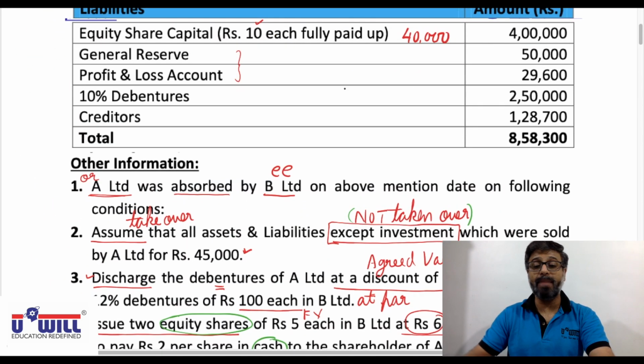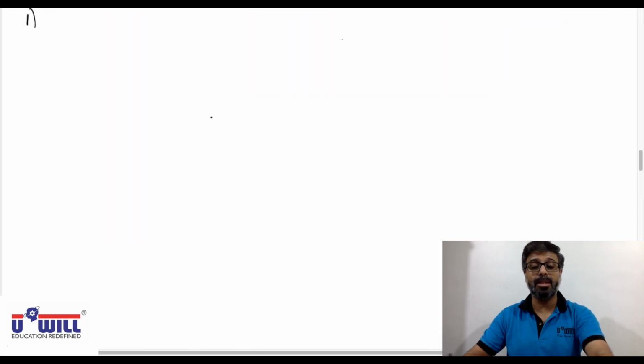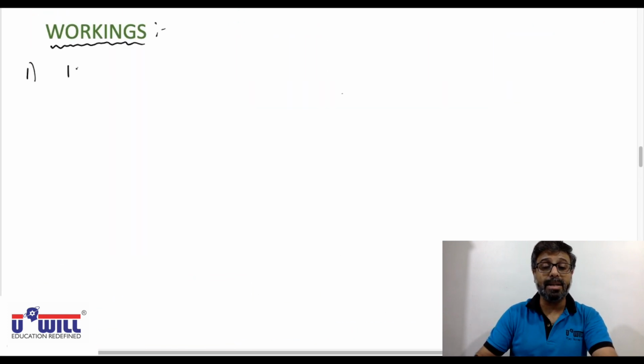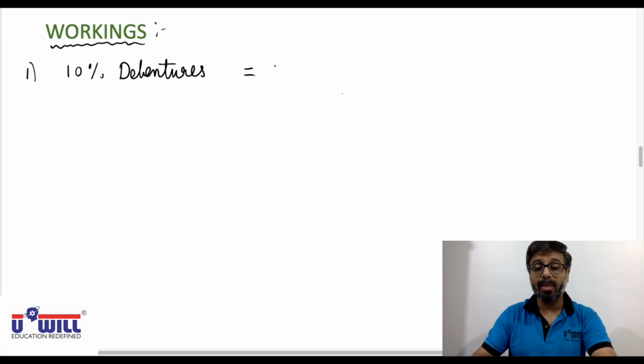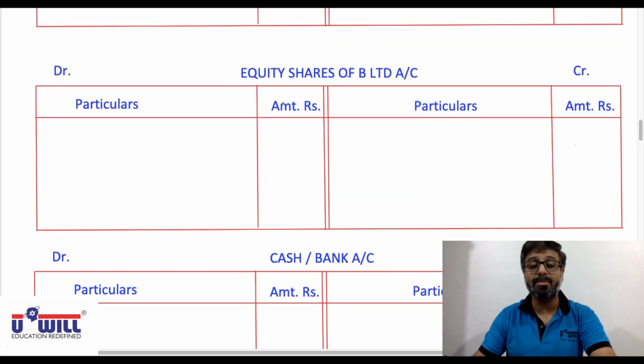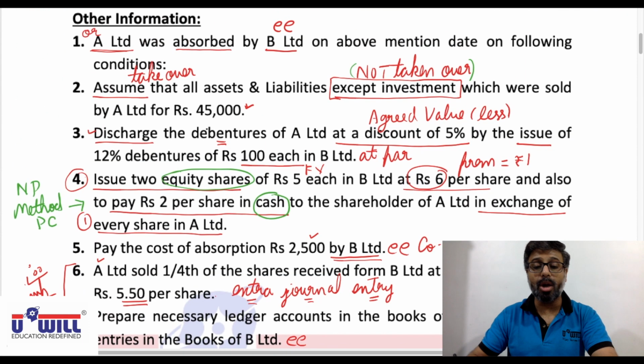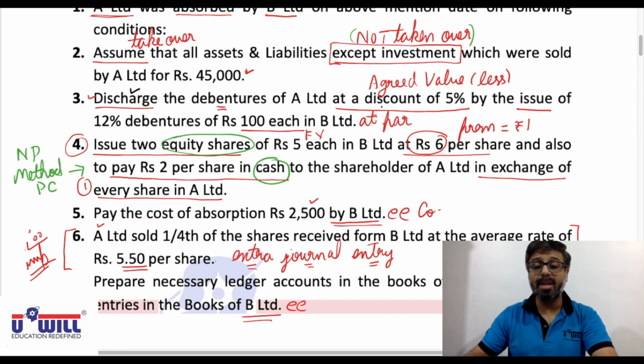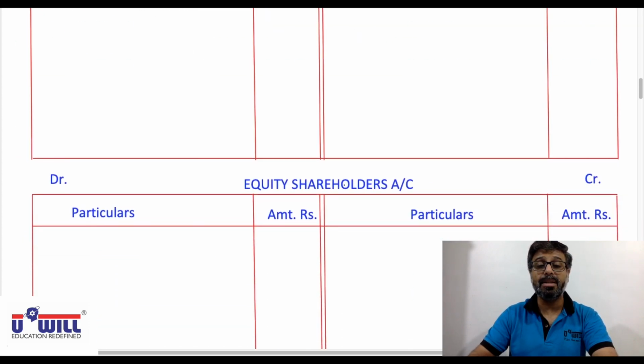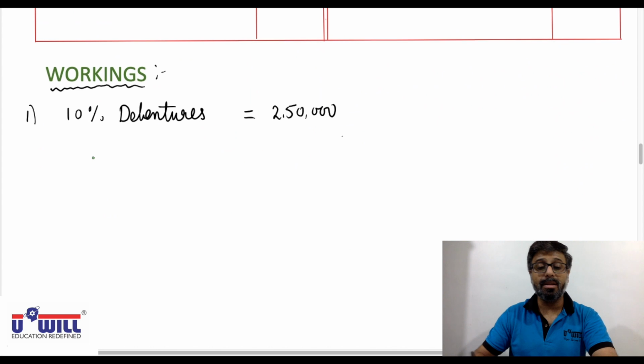Okay, so here we have 10% debentures of 2,50,000. Now they are discharged. I told you discharged means we are giving them more or less. They are discharged at a discount of 5%. So discharge means here we have to add or minus.